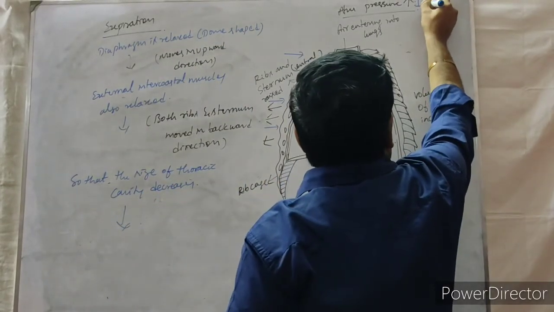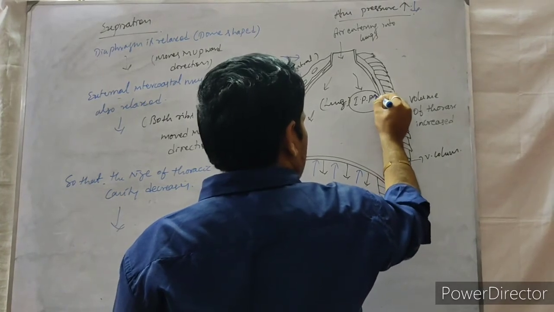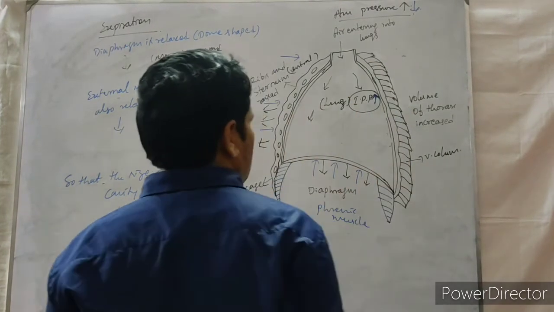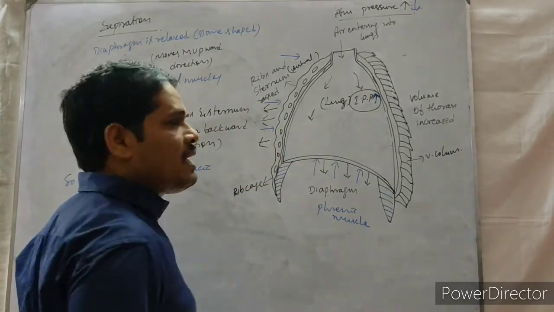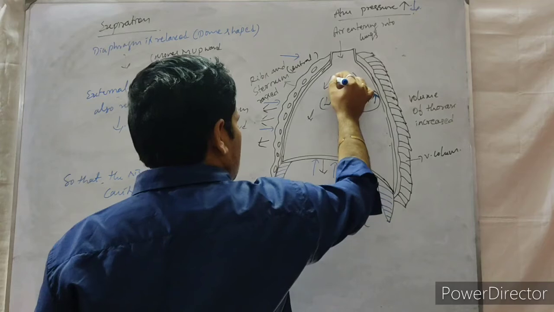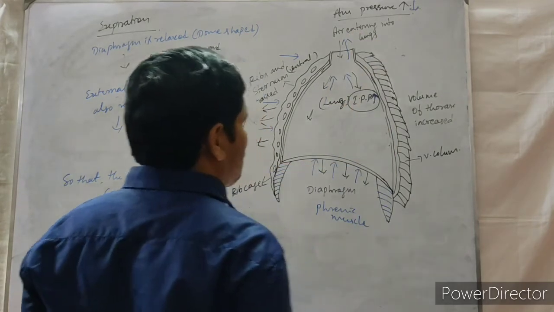So now the atmospheric pressure is less and the intrapleural pressure is more. So what happened? Whatever air is present in the lungs is rushed out into the atmosphere.